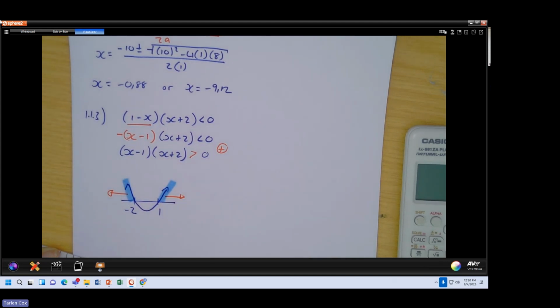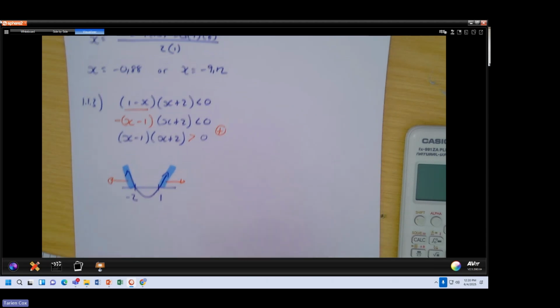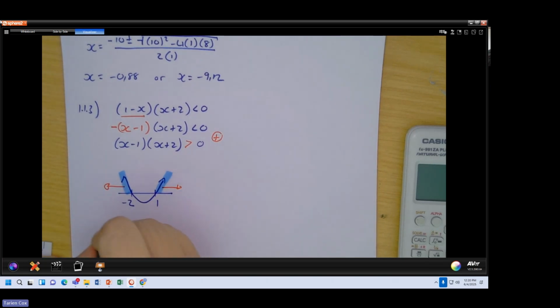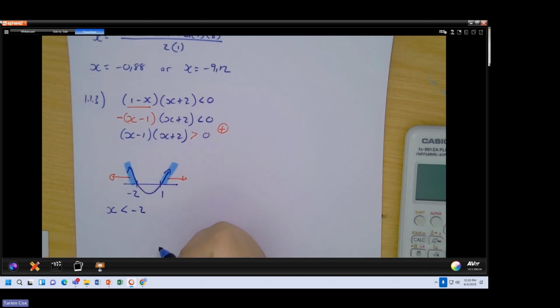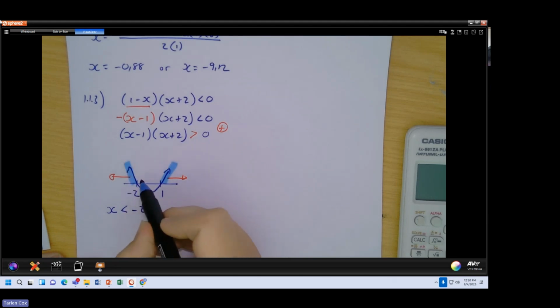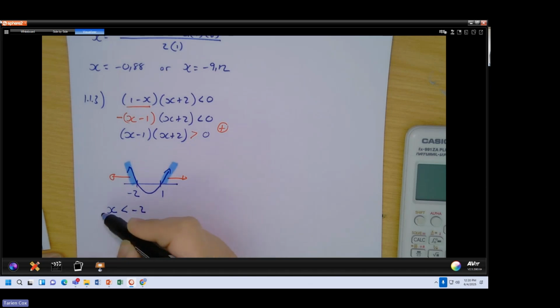So how do I write that in a proper form? We have two ways, two notations that we can use. We have inequality notation and we have interval notation. So inequality notation would be that I have x that is smaller than negative 2. And obviously I said I'm going to give you tips for success. My advice to you is, because you see the arrow going that way, your arrow also needs to be going that way.